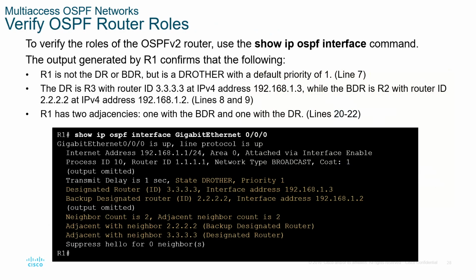Is that clear? With the show ip ospf interface command, we can also observe what adjacencies are being made. This router is adjacent with two other routers. Which ones are those? The designated routers, the DR and the BDR, as we saw here. So the DROthers become adjacent with the DR and BDR.